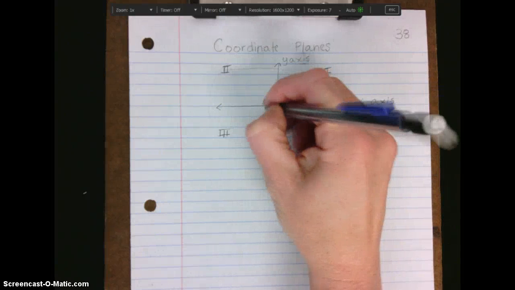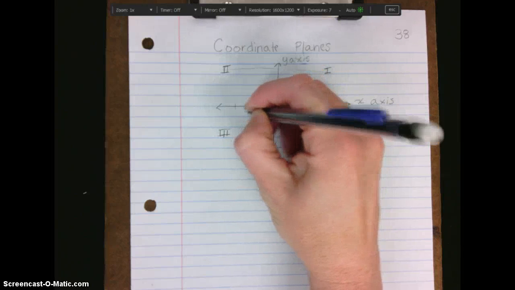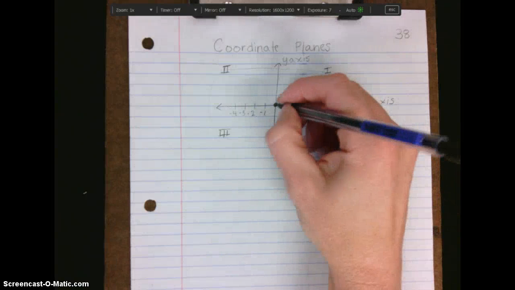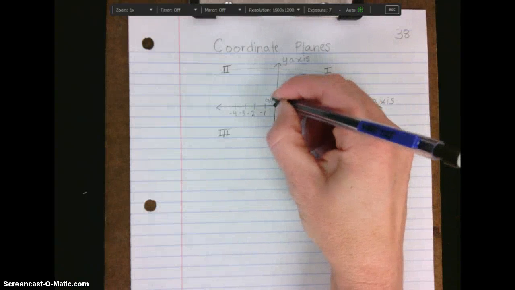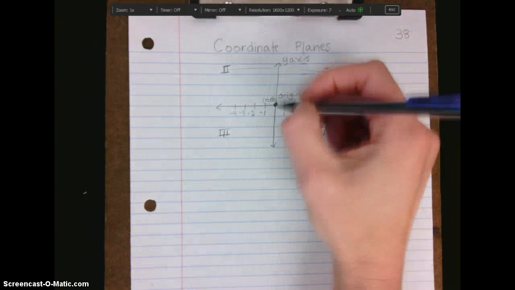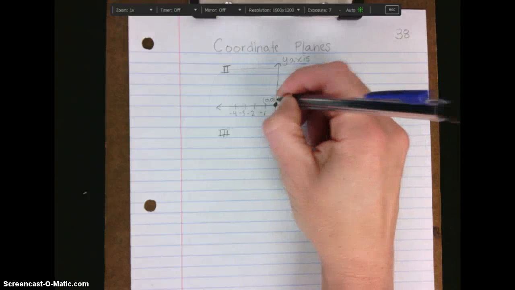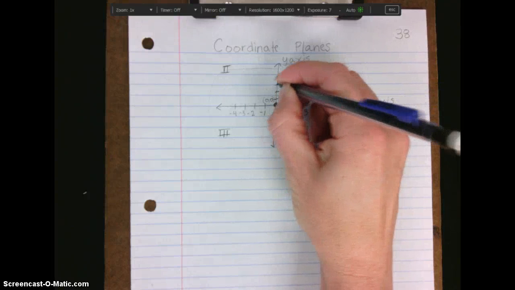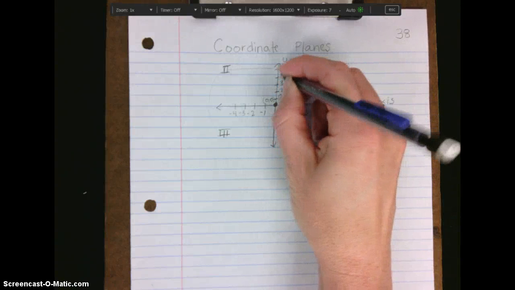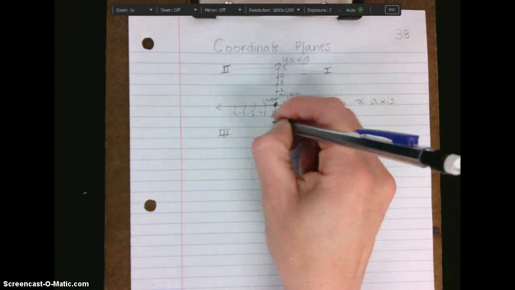We would go to the left if we had a negative x-coordinate. This dot right here would then be labeled 0, 0. This is where we always start. The y number line above the origin is our positive numbers, and below the origin begins our negative numbers.